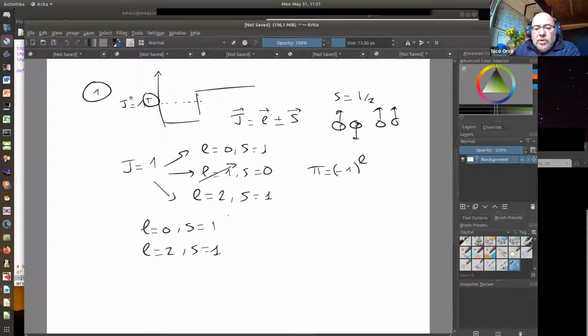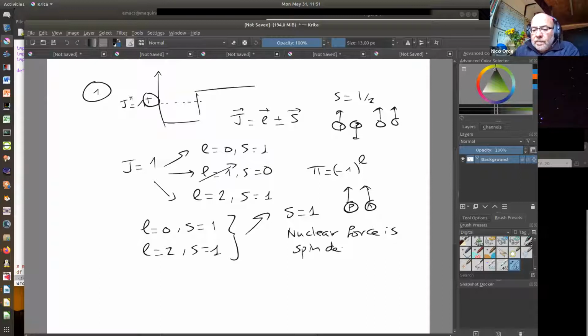So this comes with two pieces of information. One, that S is equal to 1. So basically the proton and the neutron are coupled, aligned parallel, right, to each other. So which means that the nuclear force is spin dependent. And secondly, we have that L is equal to 0 and L is equal to 2.